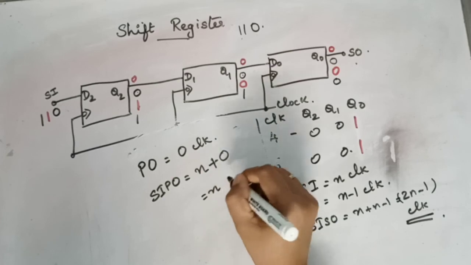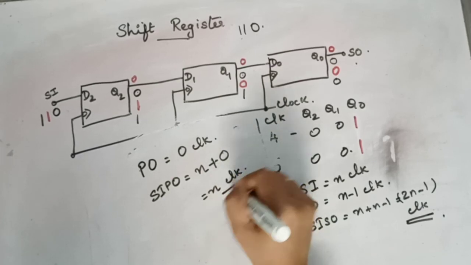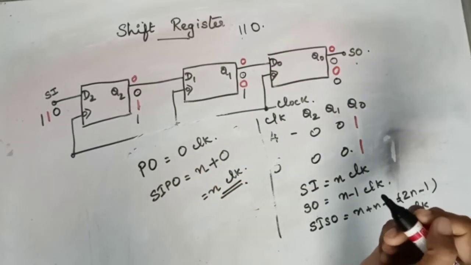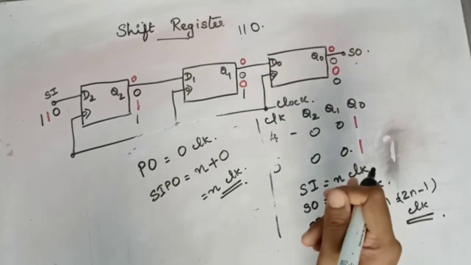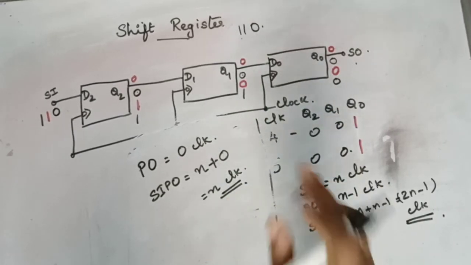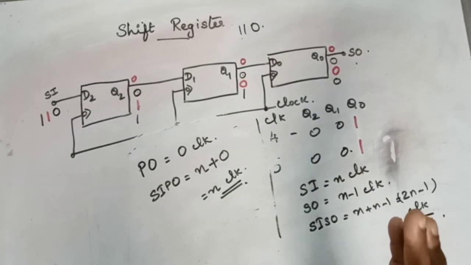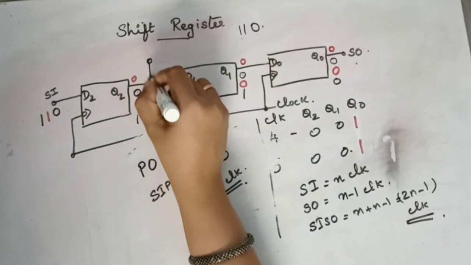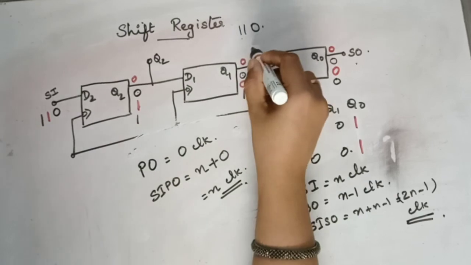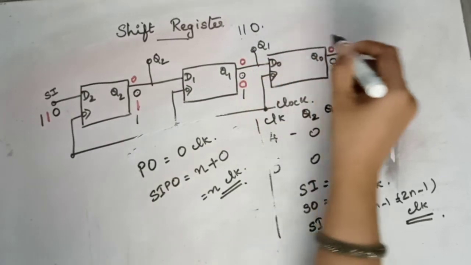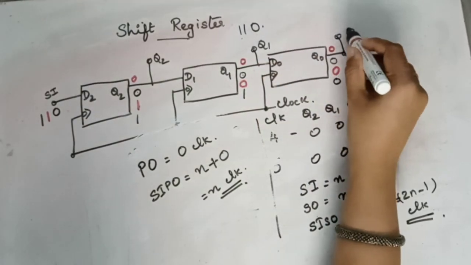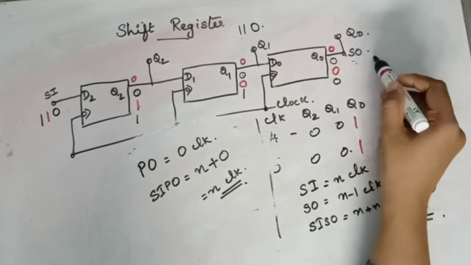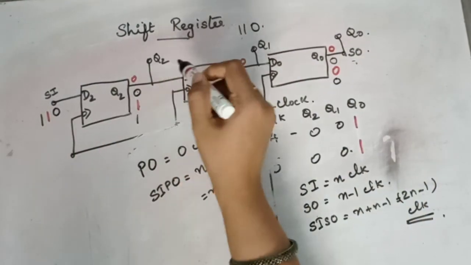So you require only n clock pulses. So that is serial in, serial out and serial in, parallel out. Okay. So serial in, parallel out you will show like this: Q2, Q1 and Q0. This is serial out, this is serial in, this is parallel out.